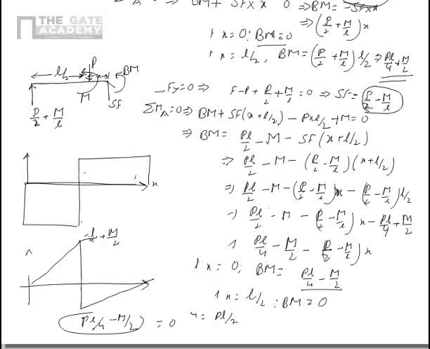This point is P by 2 plus m by L, and this point is P by 2 minus m by L. Now if m is PL upon 2, this will become PL upon 2, so this will become 0. All this will become P. So this is how we build up the cases which are composite. Composite means cases where different types of loadings are coming together.